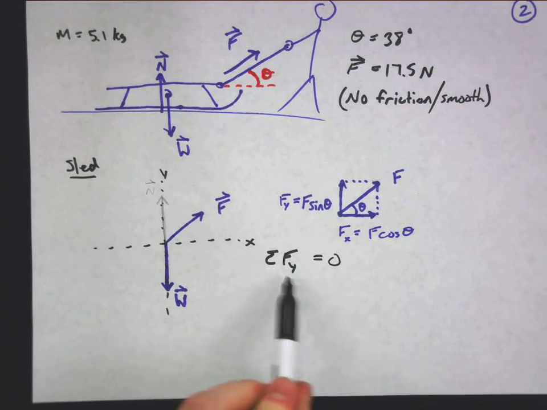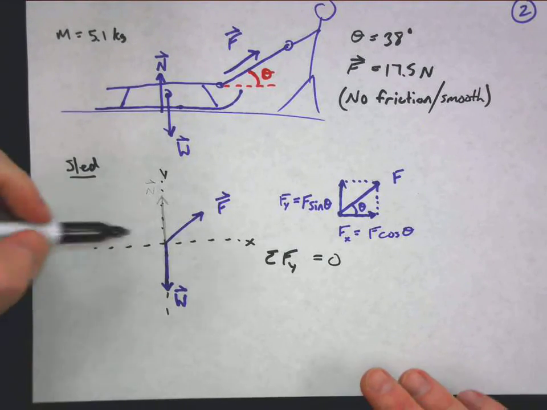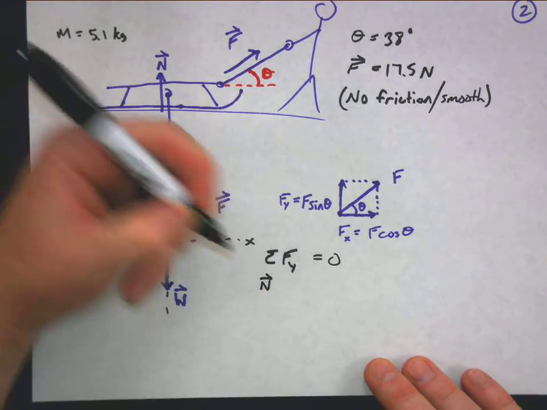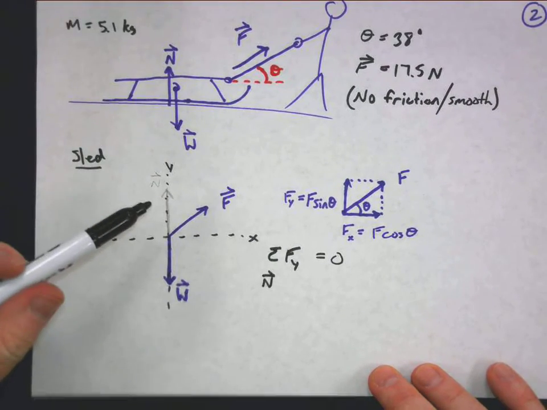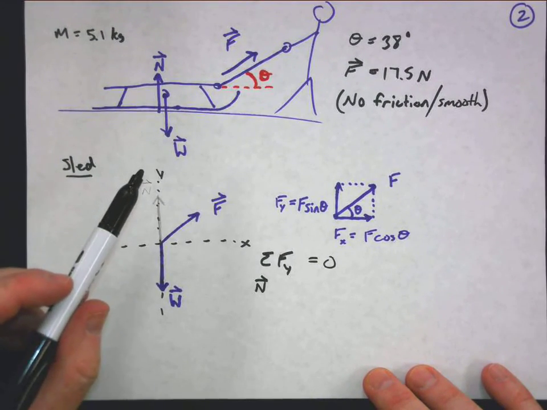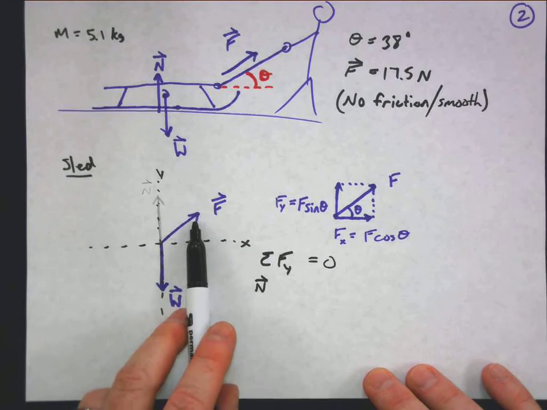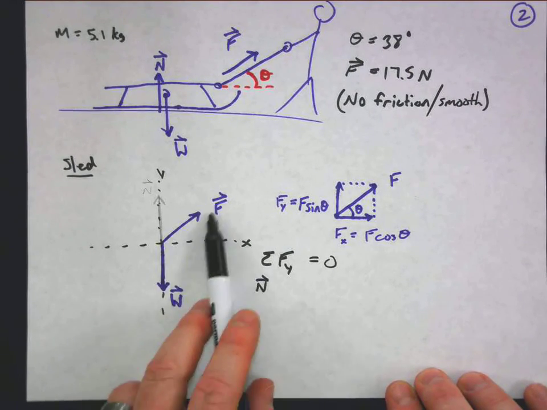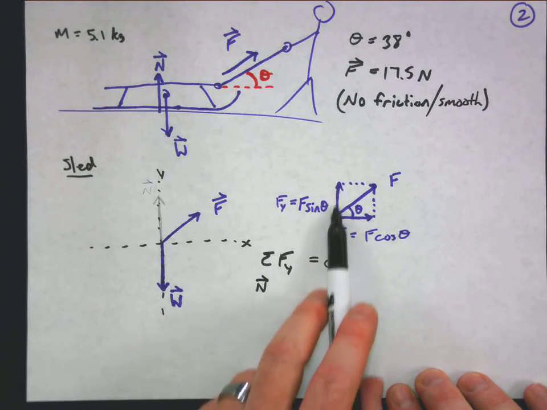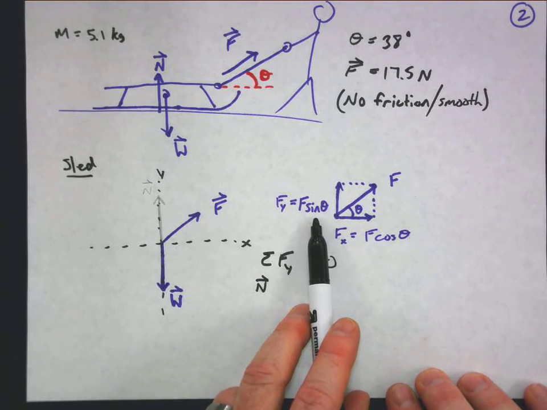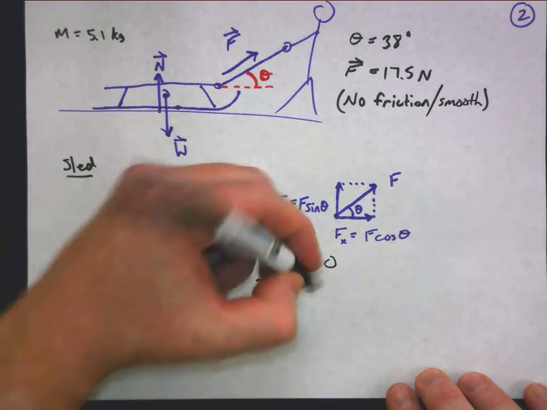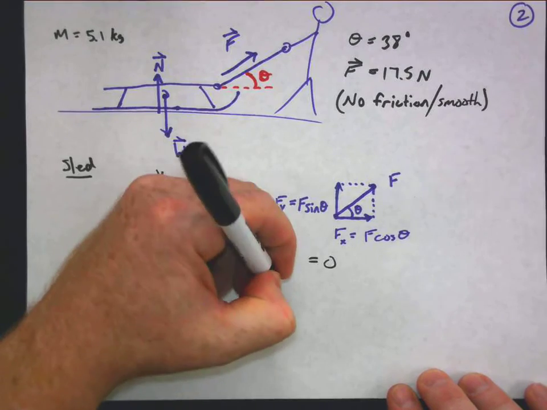But what are those forces in the Y direction? There is a normal force upward. It is still present there, at least we assume so for now. But part of this force F is vertical. I have to include that component in this list of forces. And it's upward, so it's going to be positive.